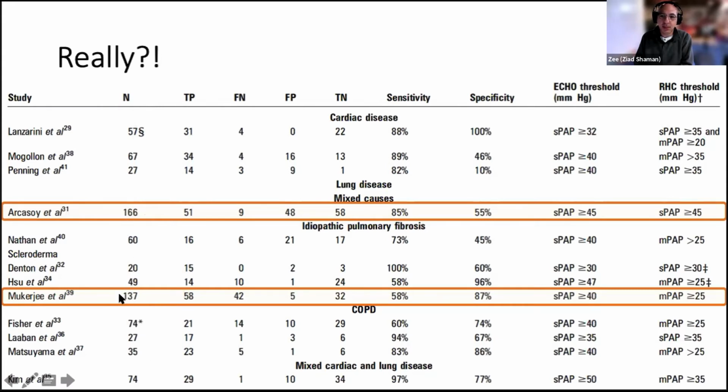Those 2 studies are the major ones here, and they had a sensitivity of 85 and specificity of 55, and a sensitivity of 58 and specificity of 87, comparing echo and right heart cath in lung diseases.